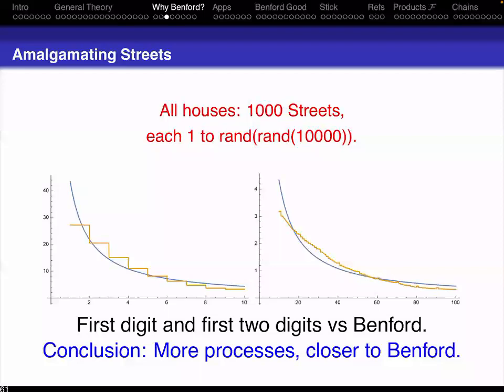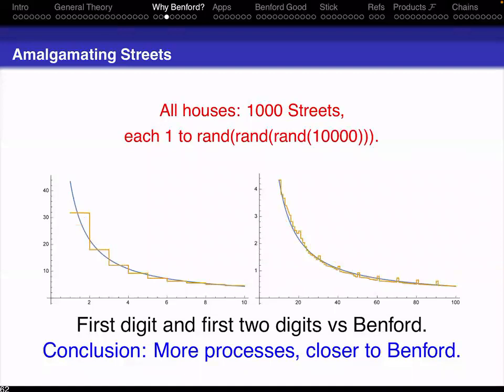If we do another iteration, we randomly choose a number from 1 to 10,000, and then randomly choose a number from 1 to that, you can see it's looking a lot closer to Benford. If we do it one more time again, even better. And you can prove all of this mathematically, that the more you iterate, the more randomization happens, the more things become nice.